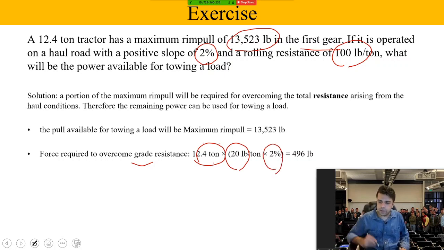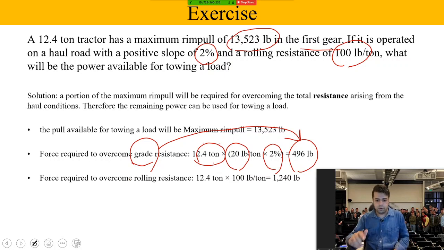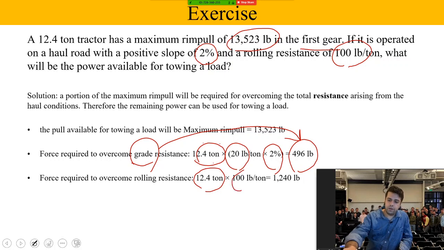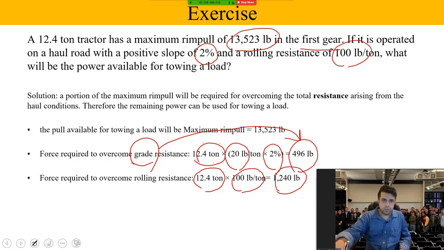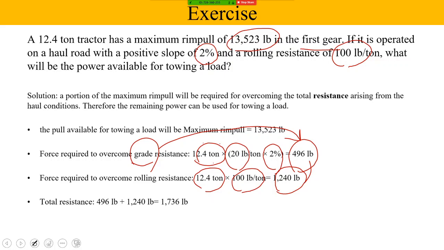Remember, this is the grade resistance. Now, what is the second item we need to find? We need to find the rolling resistance. The rolling resistance is the weight of the machine multiplied by 100. Both of them are in pounds, so they could be added to one another. So the total resistance is the summation of these two.